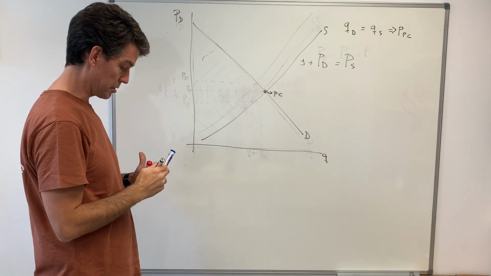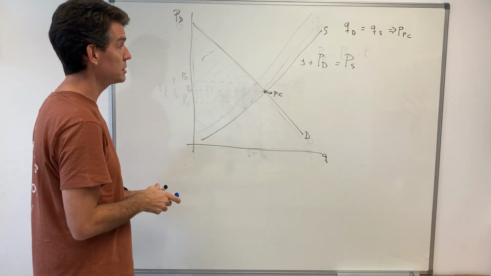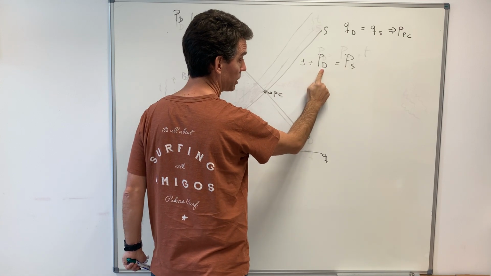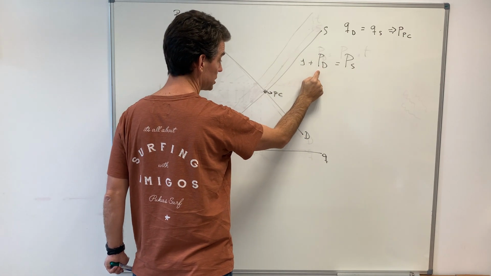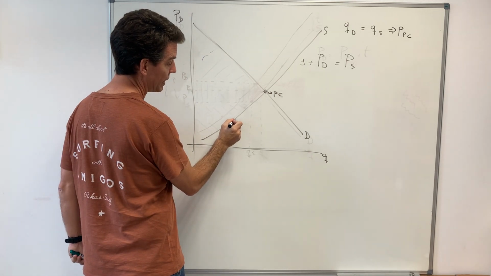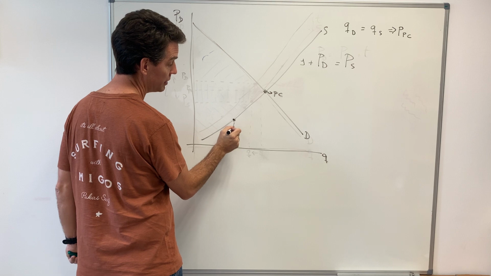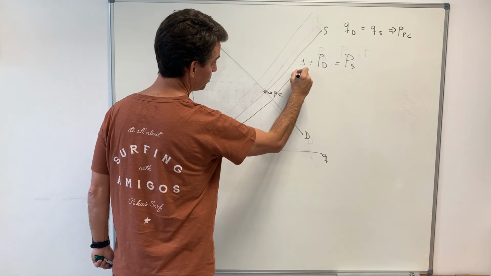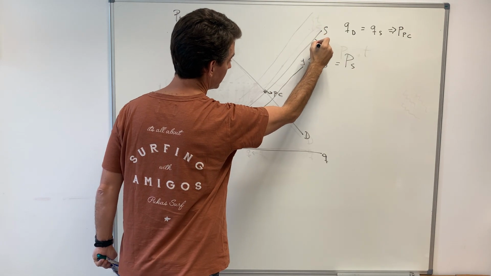S is the subsidy. So in terms of the analysis, this means that given that now the producers receive more money than what the consumers are paying, for any quantity, the producer needs to be paid less than before in order to produce those units. So it's like we were translating the supply function downwards.